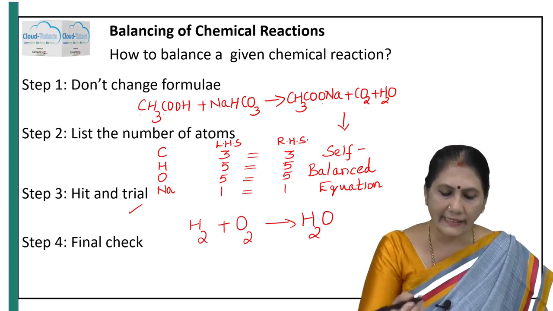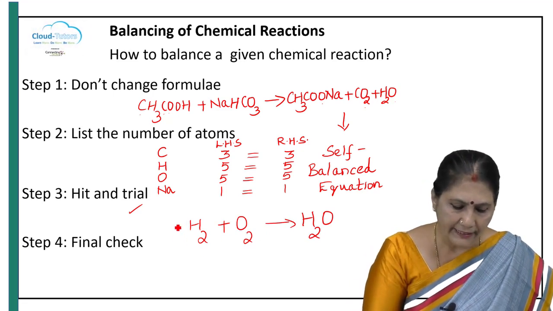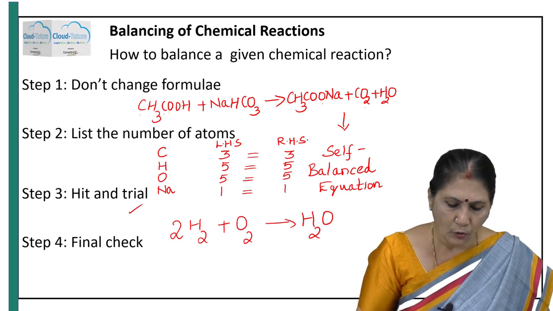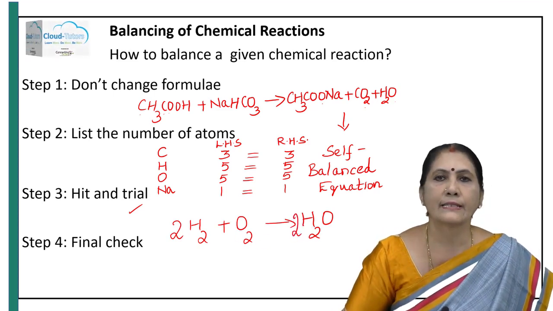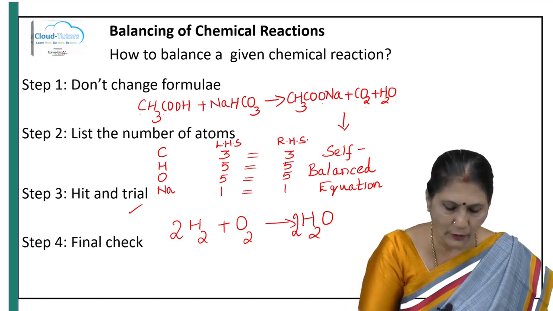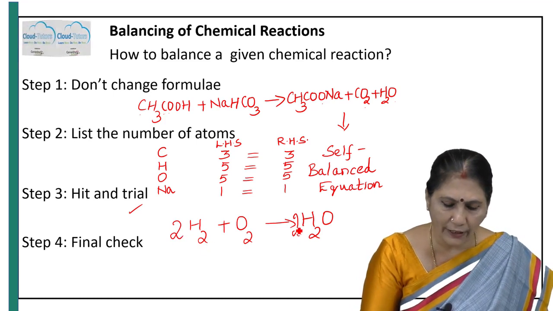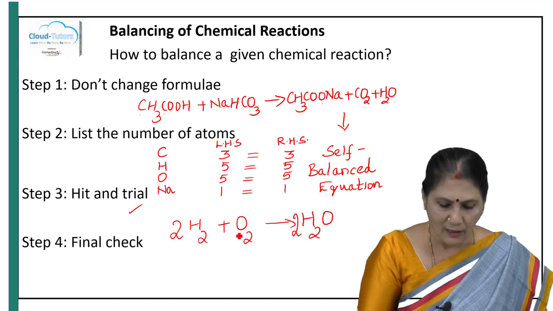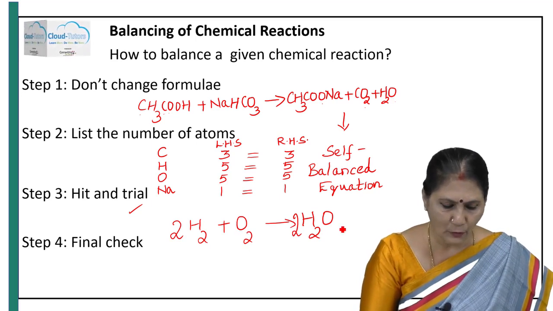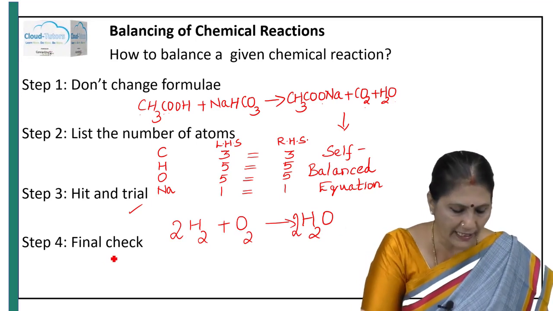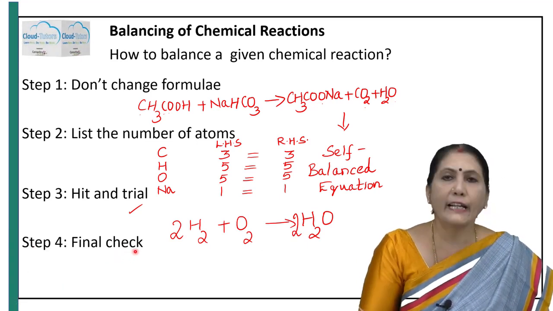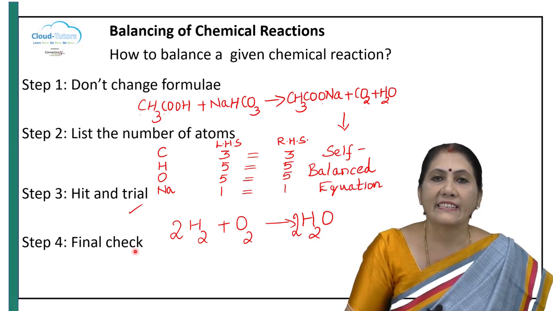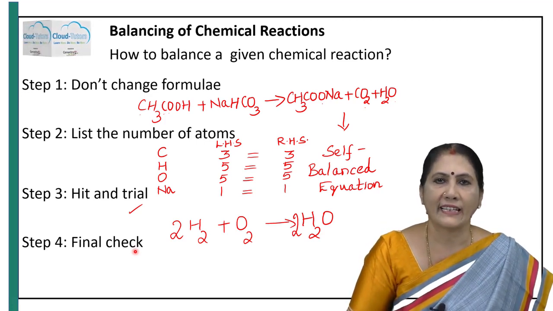We learnt balancing of the chemical equation by just adding the number 2: 2H2 plus O2 gives 2H2O. This is what is known as the hit and trial method. You can see the number of atoms: 2 into 2 becomes 4, here also 2 into 2, 4. Oxygen is 2 here, and here it becomes 2. Final checking has to be done, which is seeing that the number of atoms on the reactant side is equal to the number of atoms on the product side.